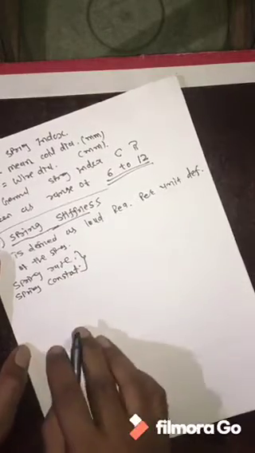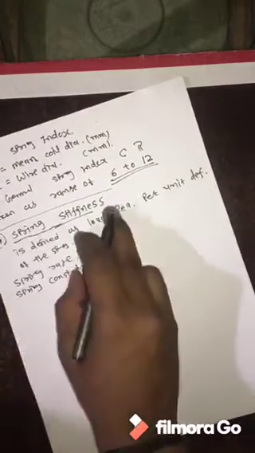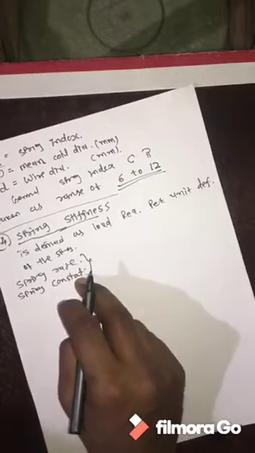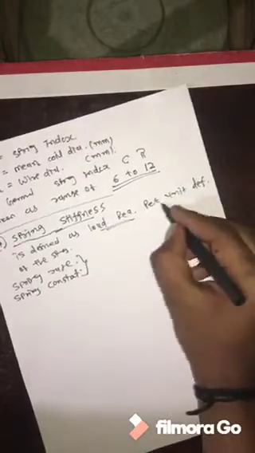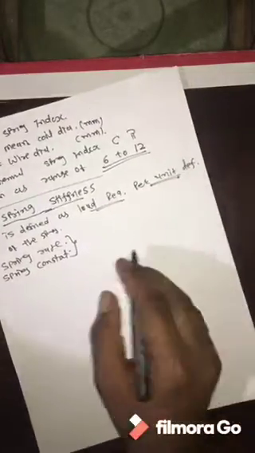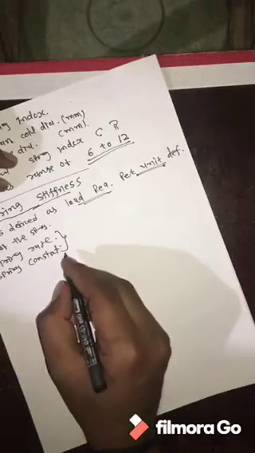Spring stiffness, spring rate or spring constant, all are same, and it is defined as the load required per unit deflection.